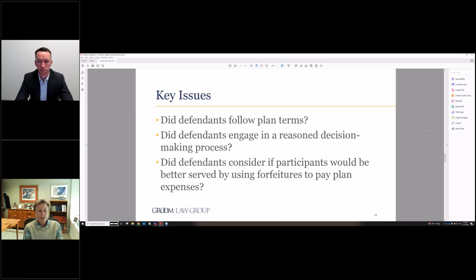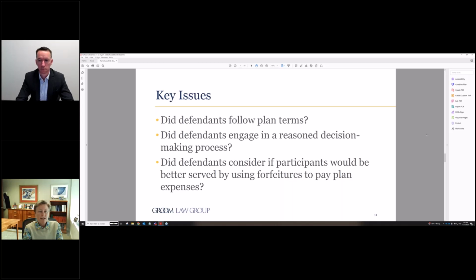And then, another set of issues involves what kind of process was documented around the decisions about how to use forfeitures. We'll talk about this a little bit more later on, but while I certainly don't agree that these are well-founded allegations, I think it is fair to say that often the process used around forfeitures and plan expenses more generally is a little in the background, right?